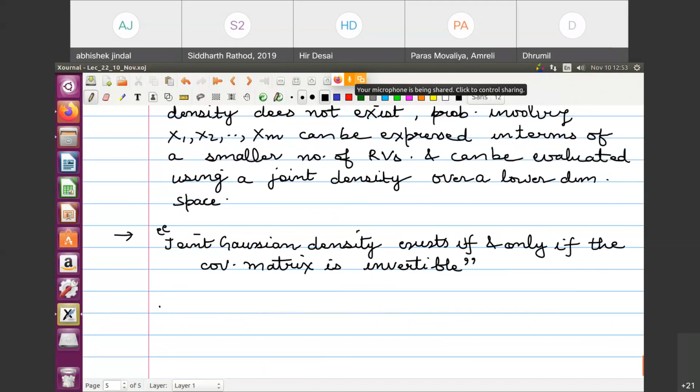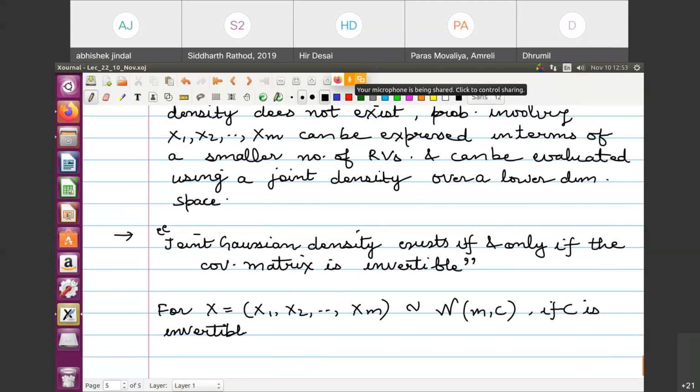Let me write it down. For x equal to x1, x2 going up to xm, if it is distributed as Gaussian with mean m and covariance C, and if C is invertible, the joint density exists and takes the following form.